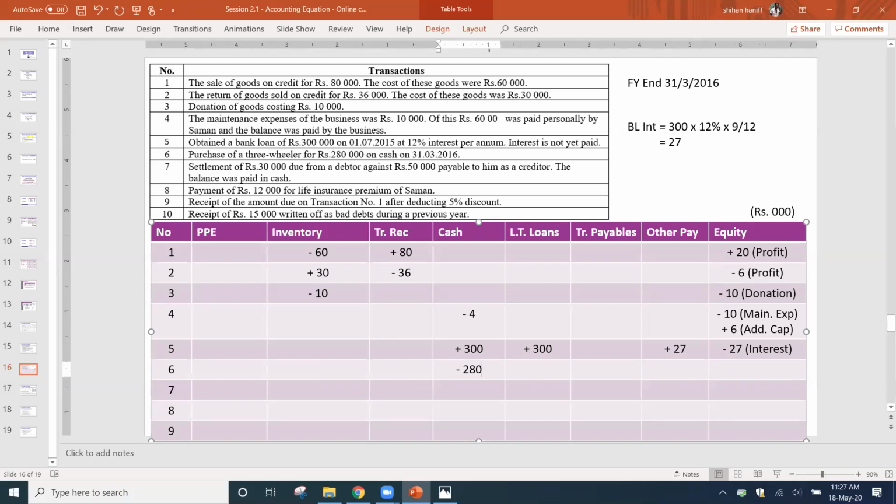Three-wheeler is a PPE plus 280,000. Number 6. Cash minus, PPE plus.